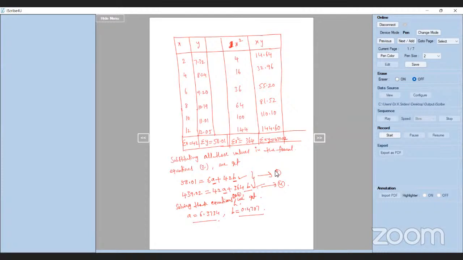Anybody, ma? Did you get it? B value? 0.4704. And substitute b value in equation 1, you can get a value. That is 6.3734.